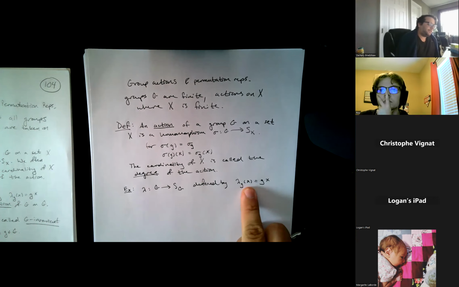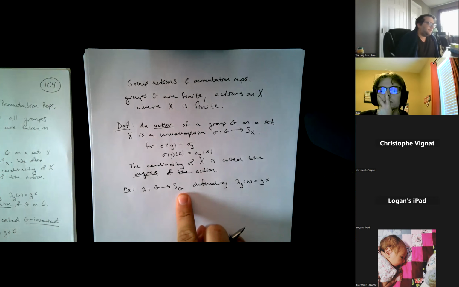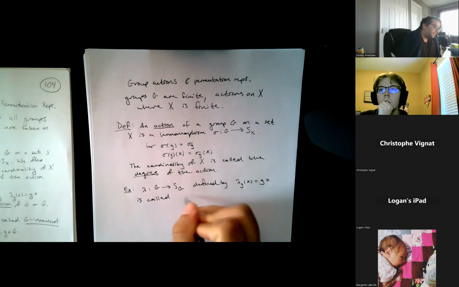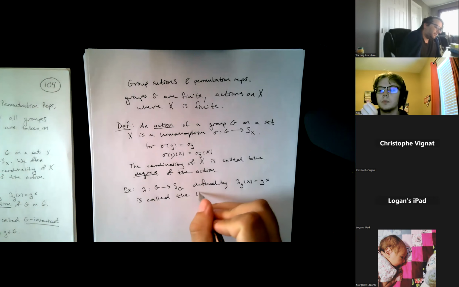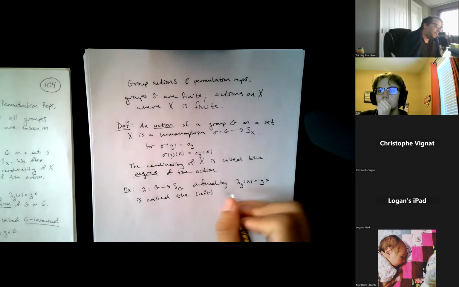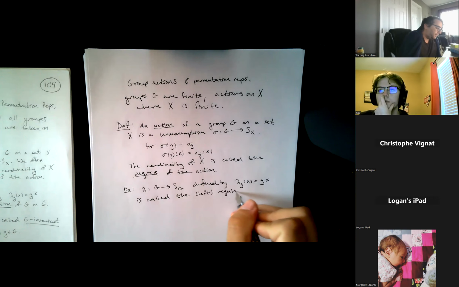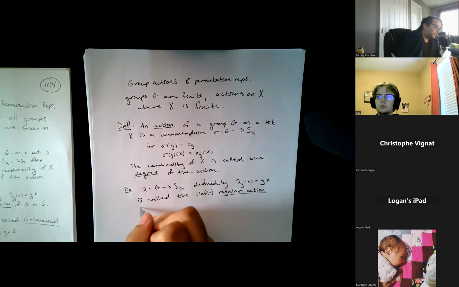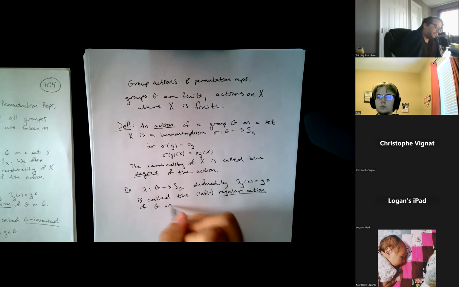We can do this because X is an element of G, so we can multiply two elements of G. So the action here is essentially just left multiplication and is called the left regular action of G on itself.